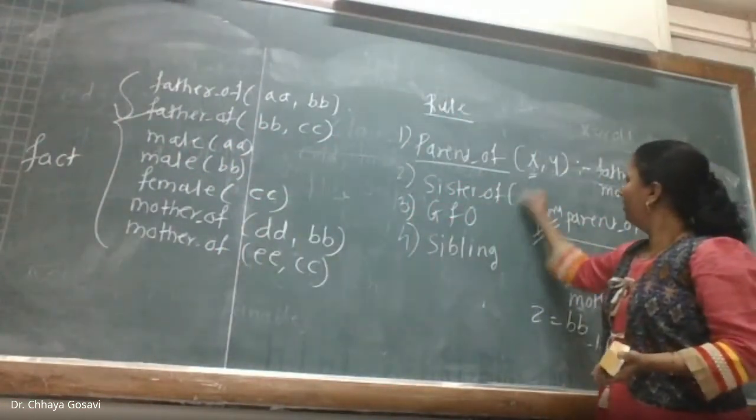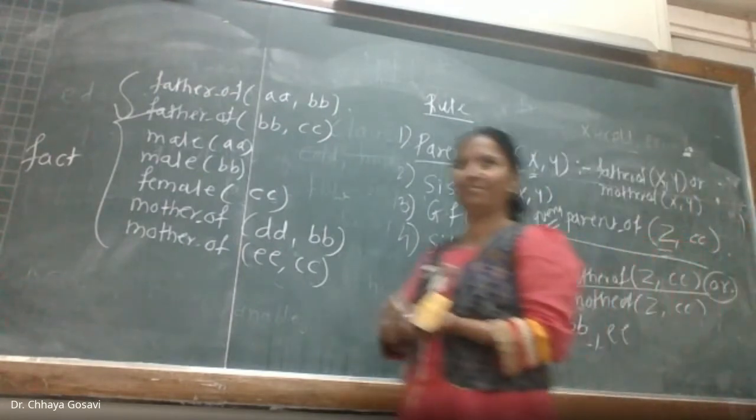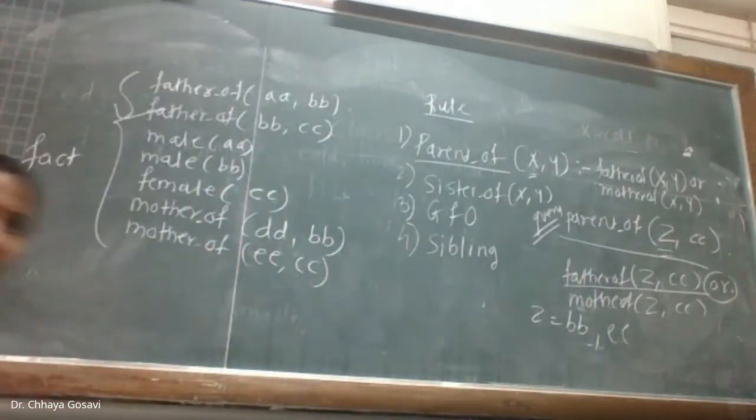Sister of X comma Y. Here we have to read that X is sister of Y. If father is common, then only it's a sister.